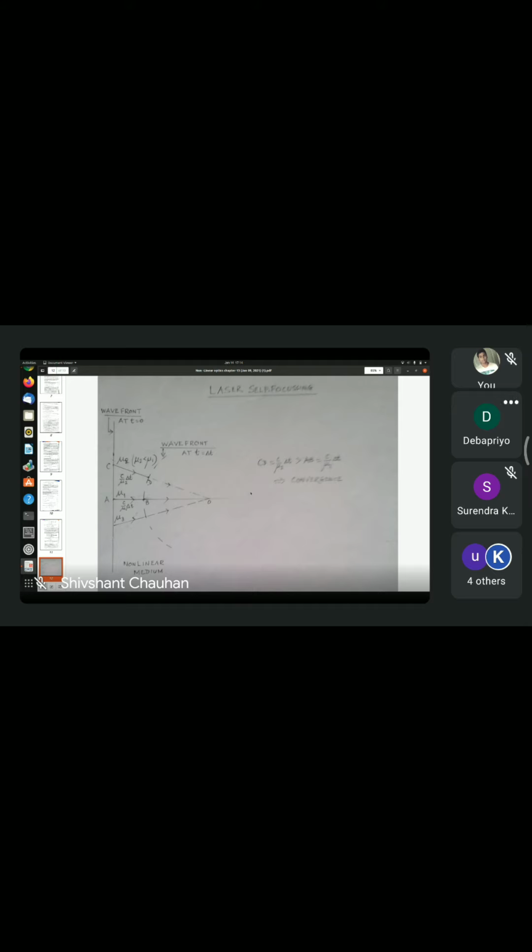This is not expected for light of ordinary intensity. This does not happen. It is happening here because the medium behaves in a non-linear fashion. Because in the expression for the refractive index, you have a term which is proportional to the square of the magnitude or amplitude of the electric field.